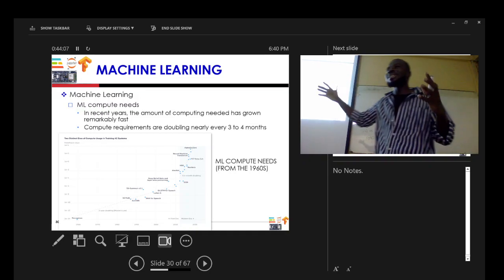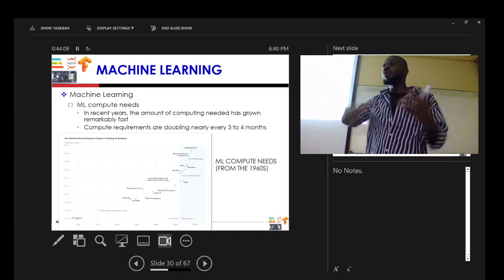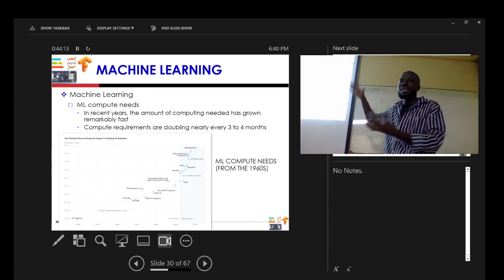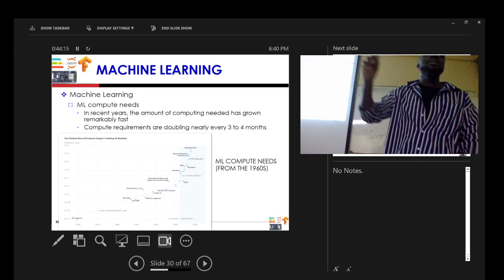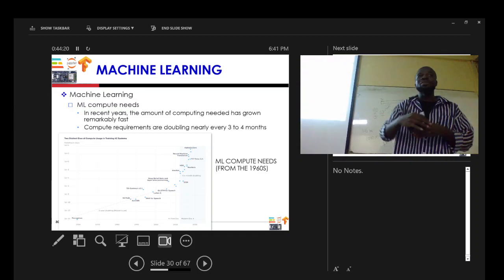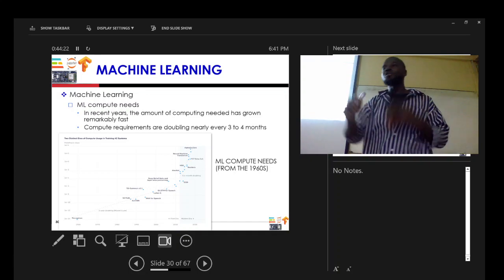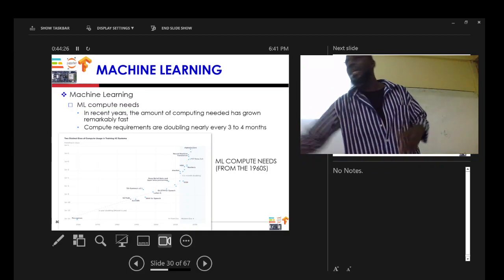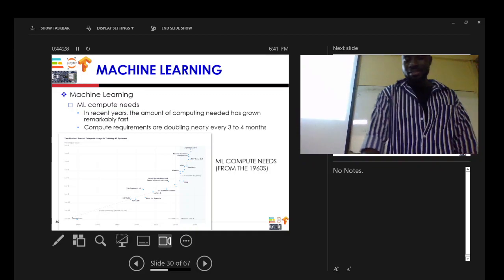So the number of computations are just increasing. So how do we scale these computations down to be able to run on our embedded board? That's another issue. So we have an issue of memory, and we have an issue of computations.